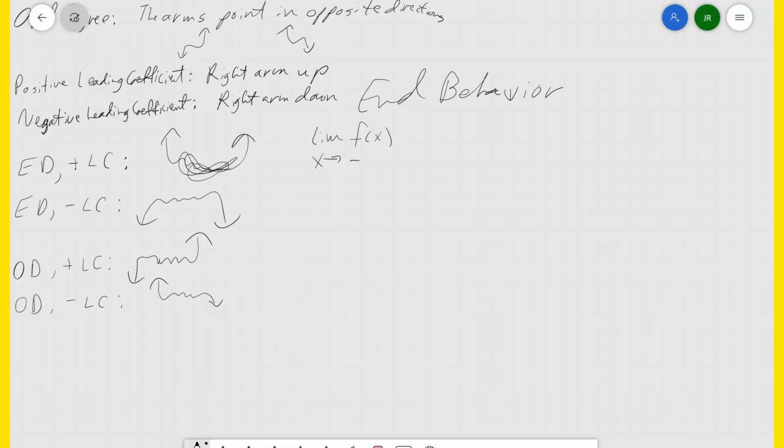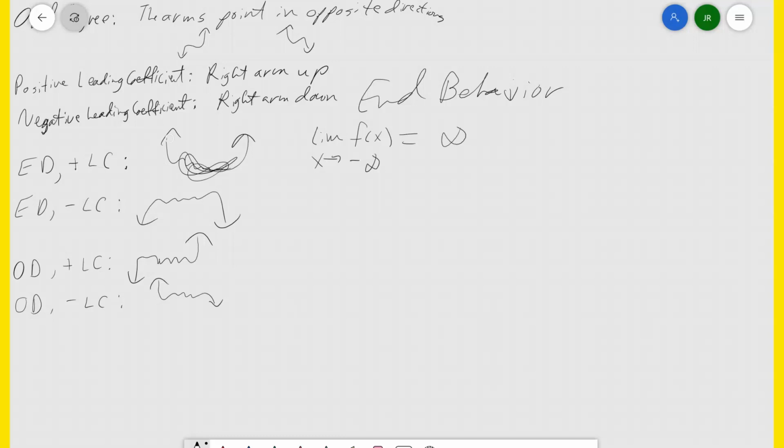As x approaches negative infinity, that means you look as far as you can to the left. Don't worry about the middle. Just look at the left arm. X approaches negative infinity means look at the left arm. Okay? The limit of f of x as x approaches negative infinity, look at the left arm, is going to equal infinity because it's going up to infinity.